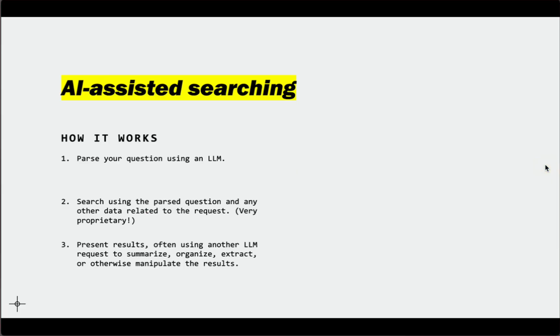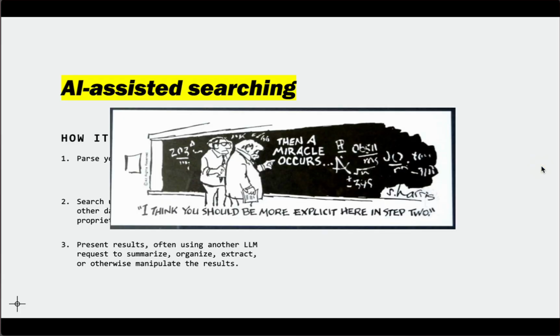AI works a little bit differently. The first step is that a large language model translates your question into concepts. And then it uses those concepts to actually do the search. This part is really proprietary, and they don't tell us very much about it, but it is also one of the things that the whole training thing that you may have heard about with AI is part of.